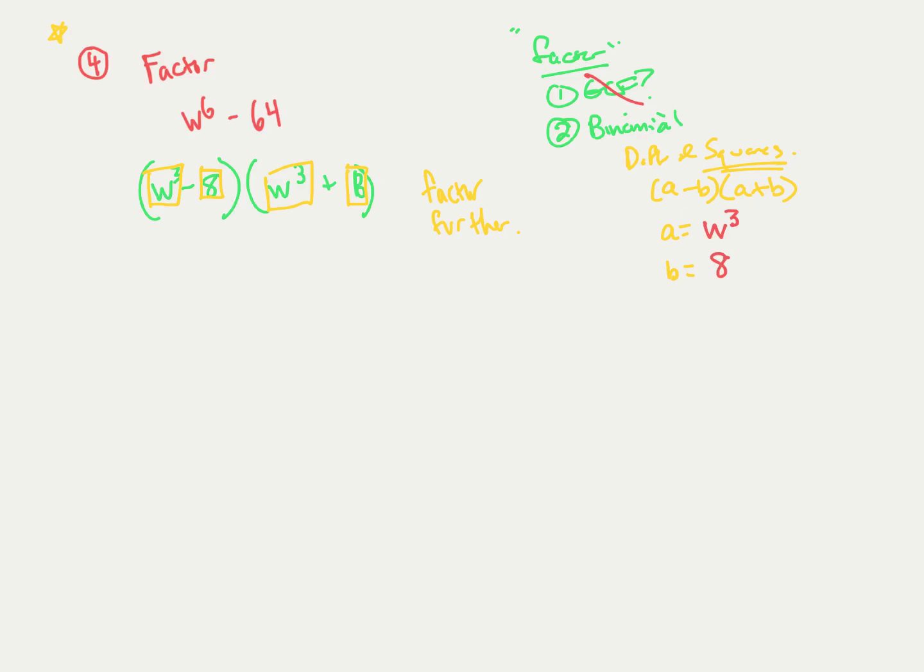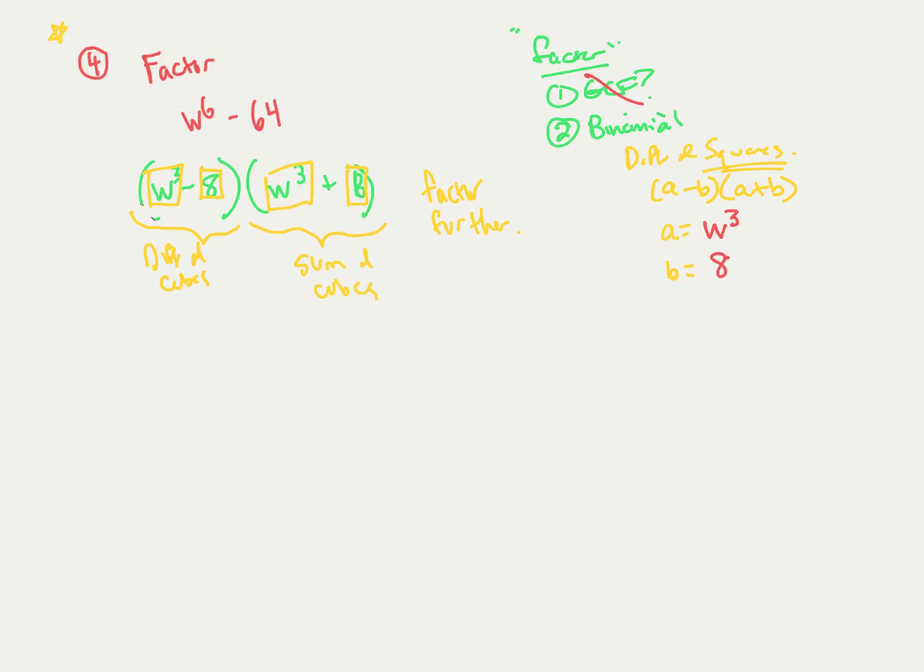We've got sum of cubes in the right parentheses. So like I said, difference of cubes. And for this one, we've got the sum, since there's a plus in the middle, of cubes.